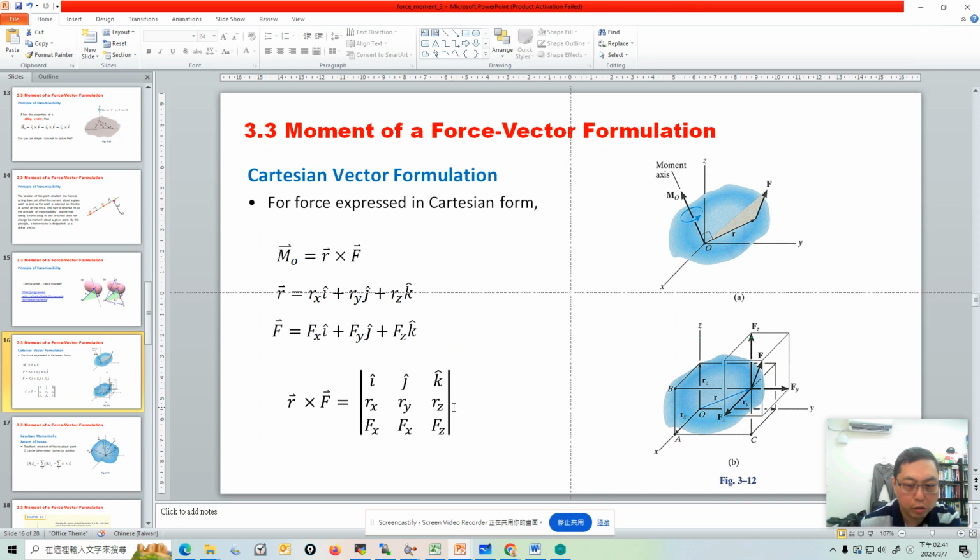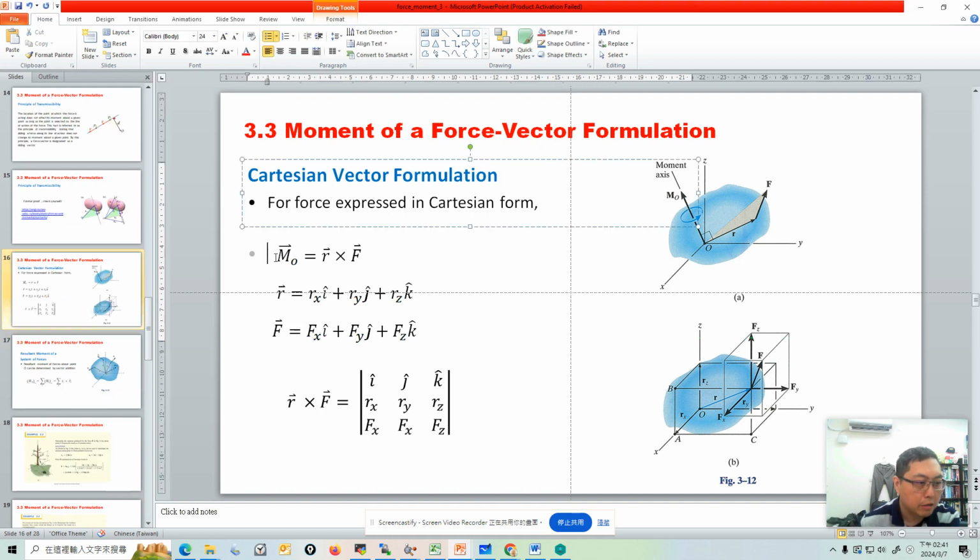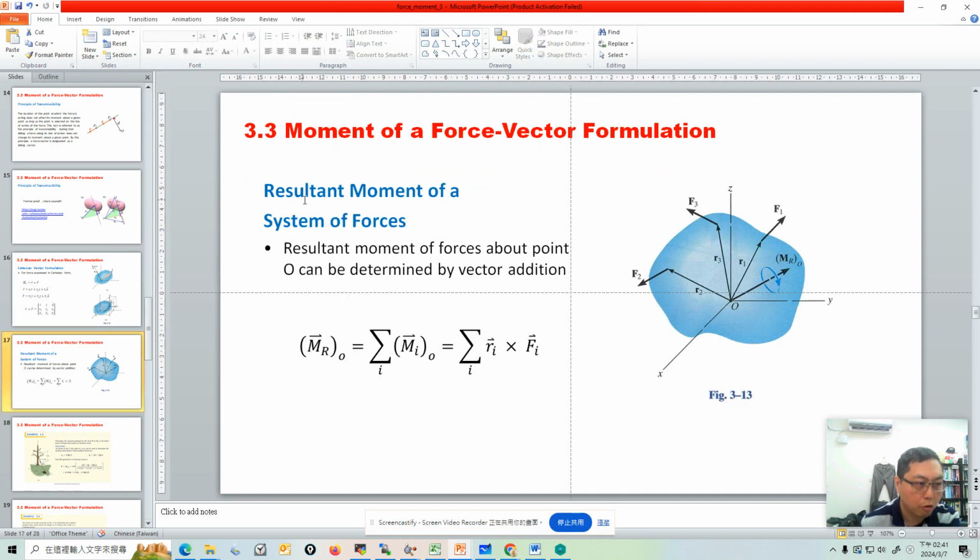The second row is the components of your position vector, and the third row is the components of your force vector. The moment is a vector, so we can calculate the resultant moment just like we calculate the resultant force. Previously we showed lots of calculations on finding the resultant force.